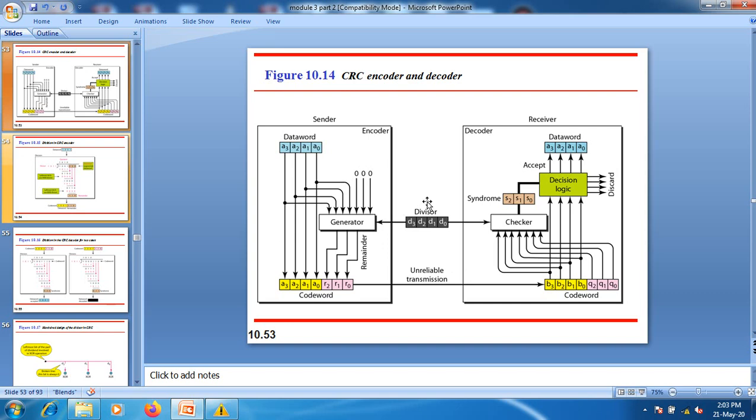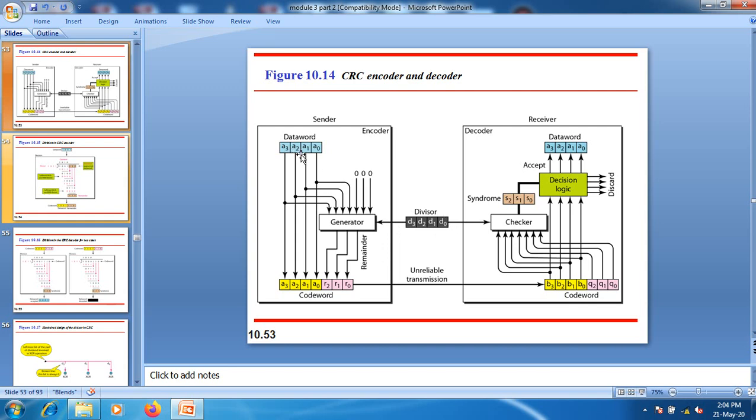We have a k-bit data word, and we are generating an n-bit code word, where n is equal to k plus m-1, where m is the size of the divisor.